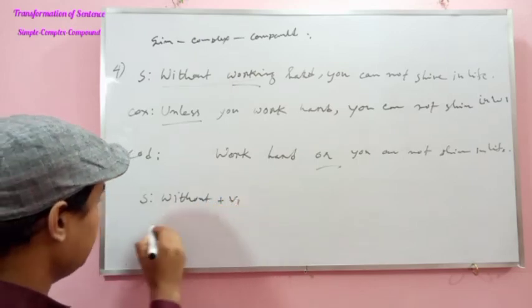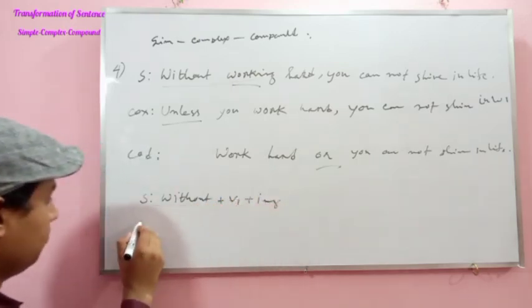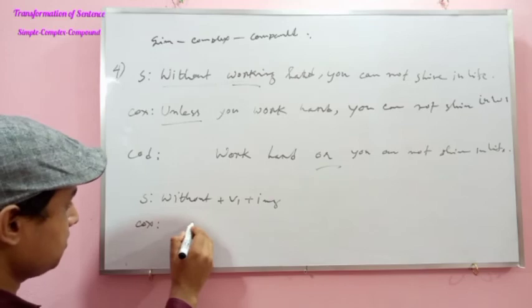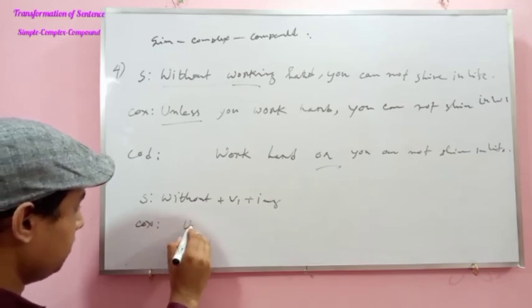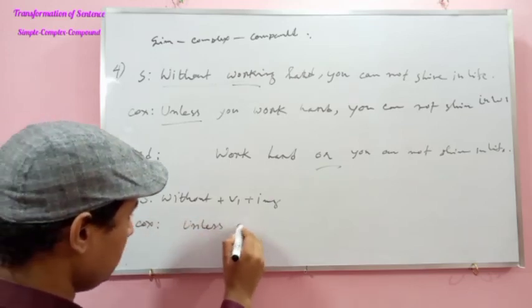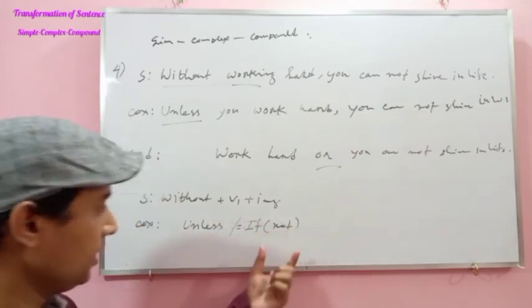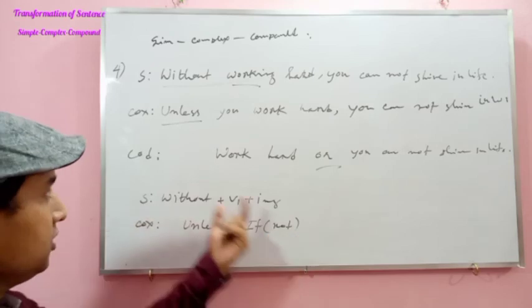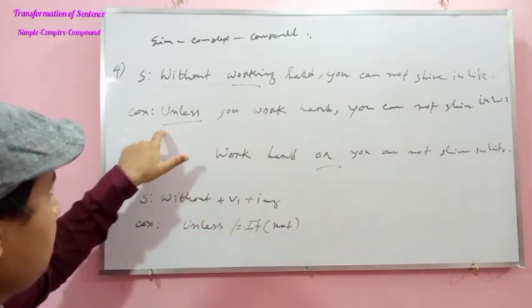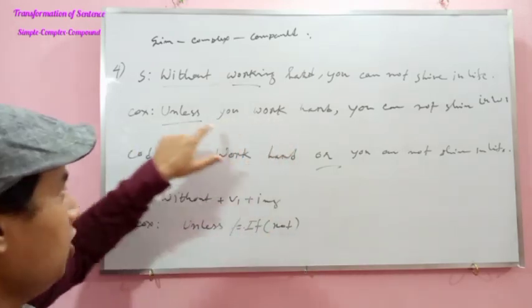without plus v1 plus ing, you will give in complex unless or if not. Please notice that I will give a not in bracket because here you can use if you do not work instead of unless.